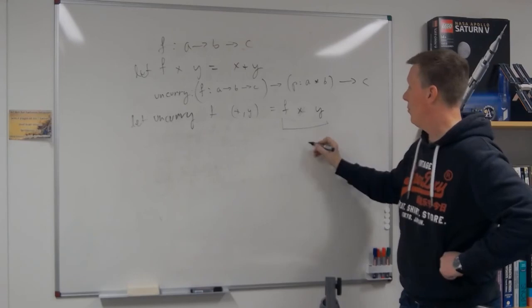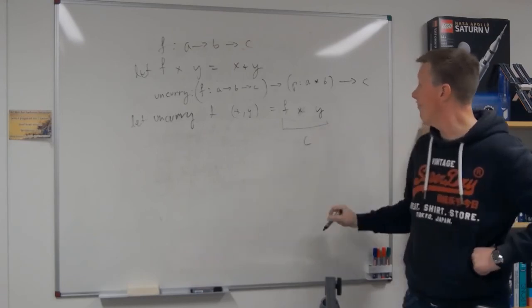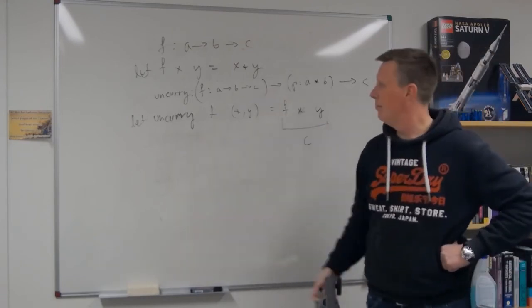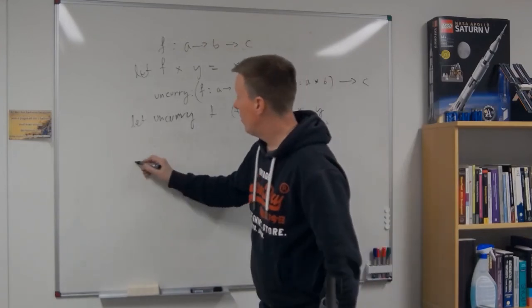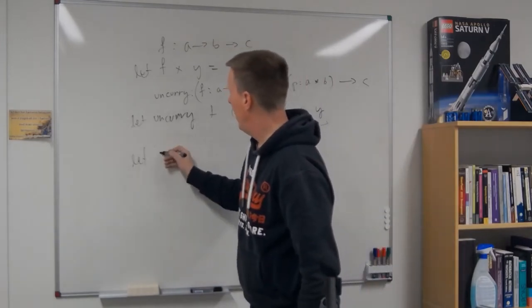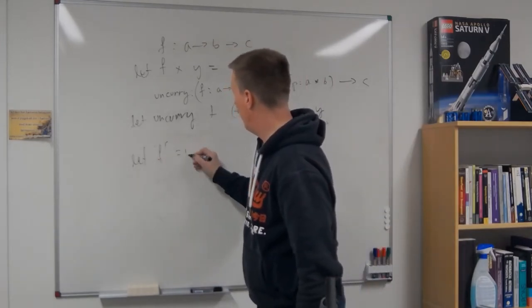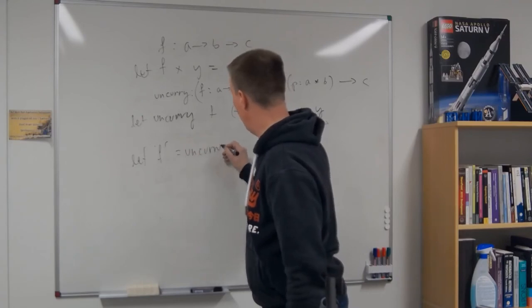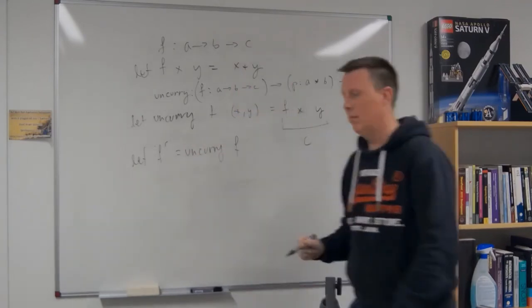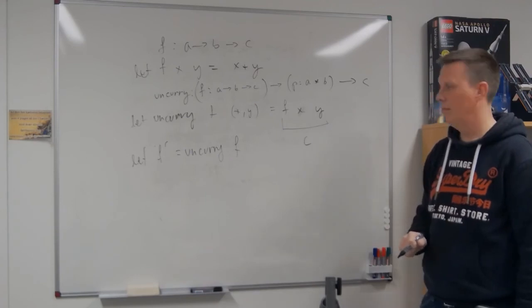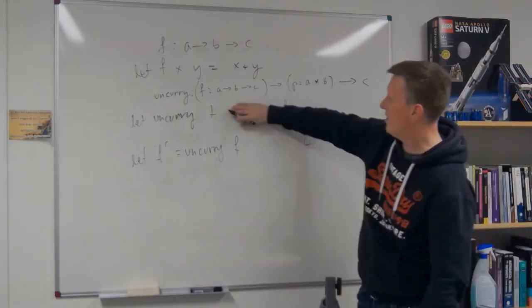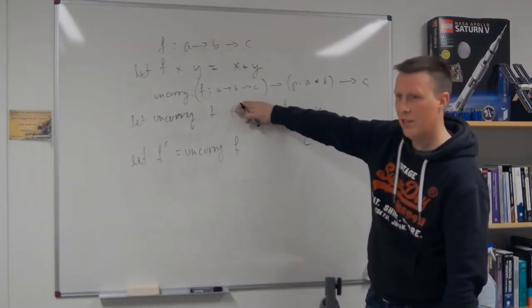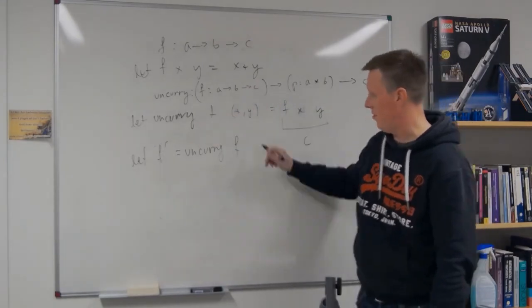This here will produce my final result c. And now I could say let f prime equals uncurry f. So now I just call it, I just skip giving the pair. I just partially apply this uncurry function.